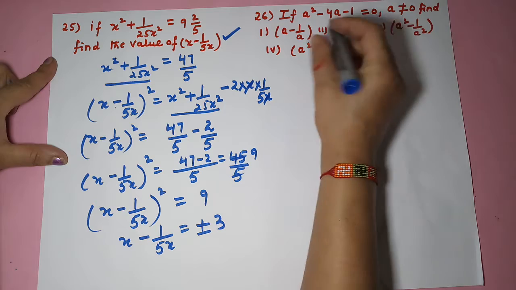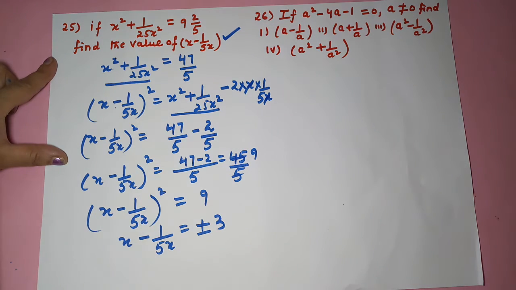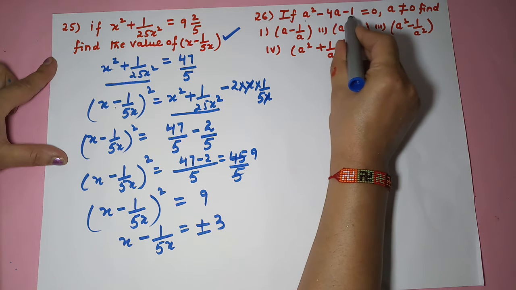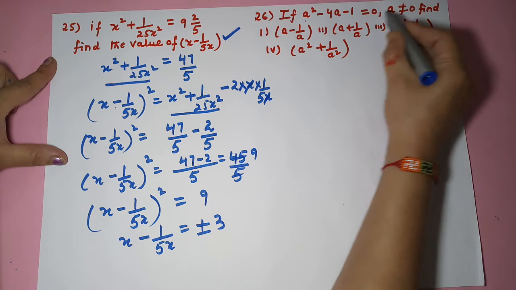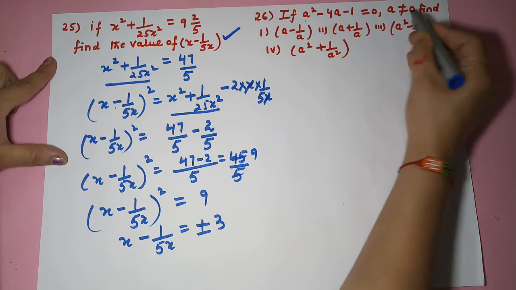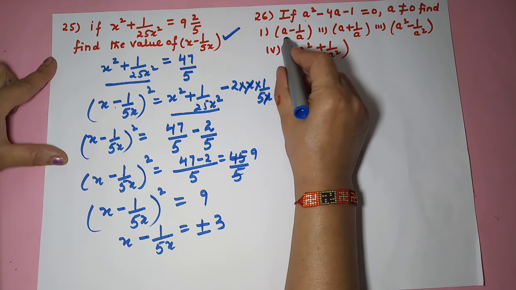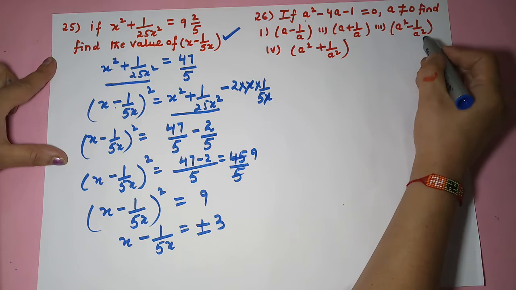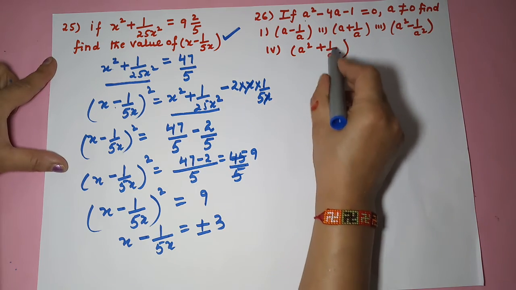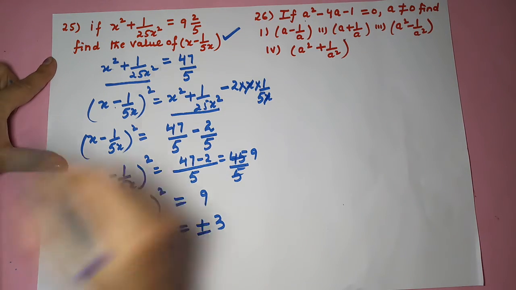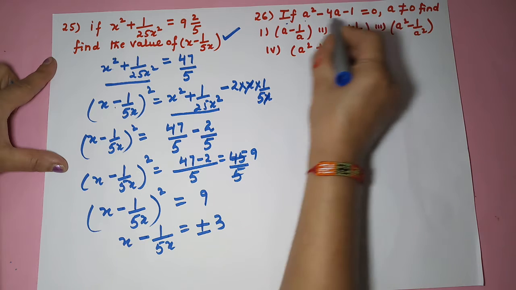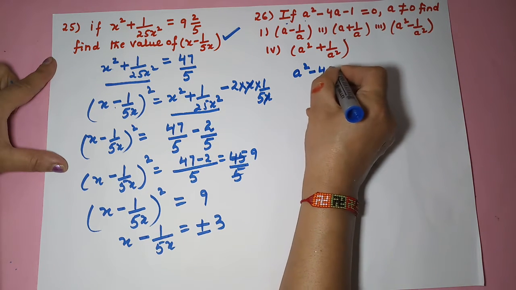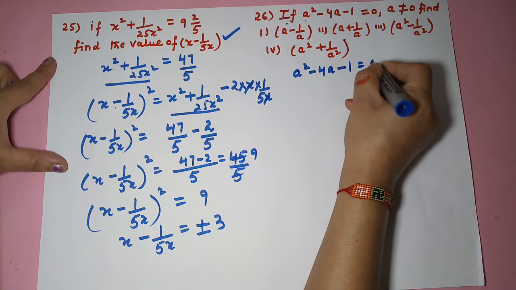Now, question number 26. Here, we are given that a square minus 4a minus 1 is 0, where a is not equal to 0. We have to find the value of a minus 1 by a, a plus 1 by a, a square minus 1 by a square, and a square plus 1 by a square, right? Let's take this given expression first. A square minus 4a minus 1 equal to 0.